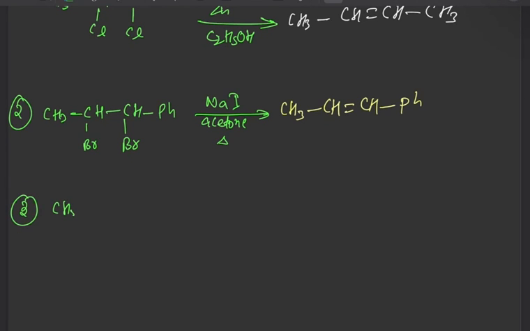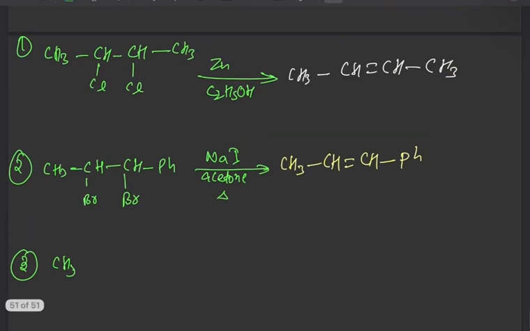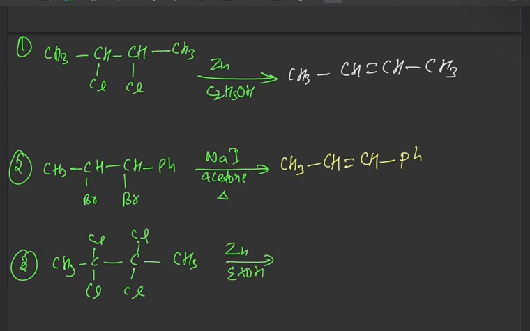So one second. Show the first one. Yeah, right. This. I'm giving now one more example, and tell me the answer for this third question. Now you tell me what will be there for the third case. If I say there is zinc, EtOH. Now tell me what should be the answer for the third case.